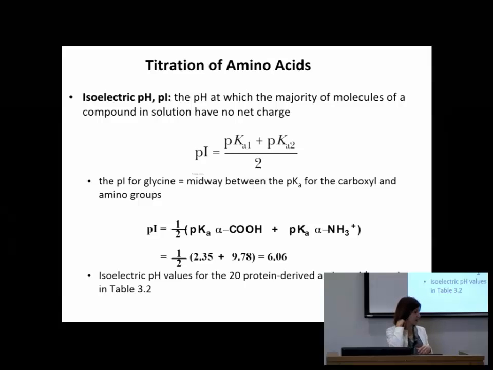But I worked for an unnamed company, and they formulated a drug at a certain pH and injected it into their patients in the clinical trials. And at the end of the clinical trials, it failed miserably.